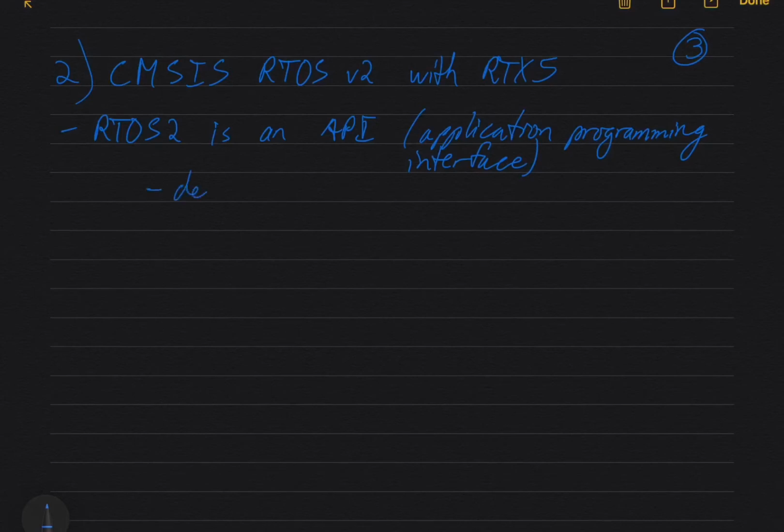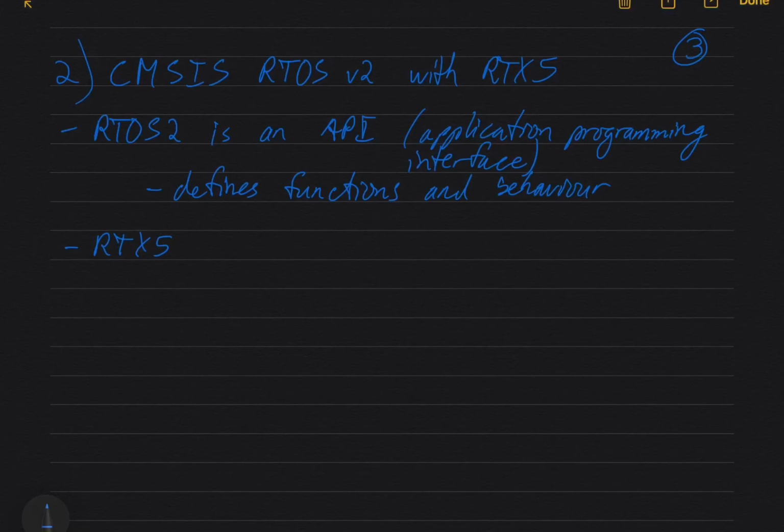So it defines the functions and behavior. And then we have RTX 5. So RTOS 2 is like a standard.